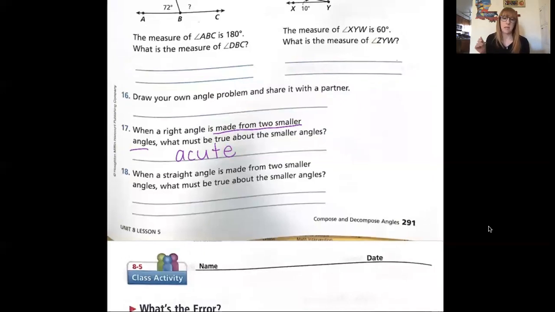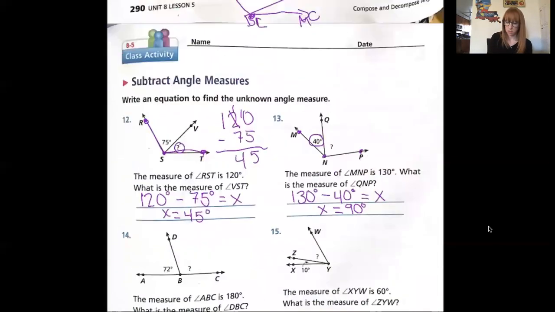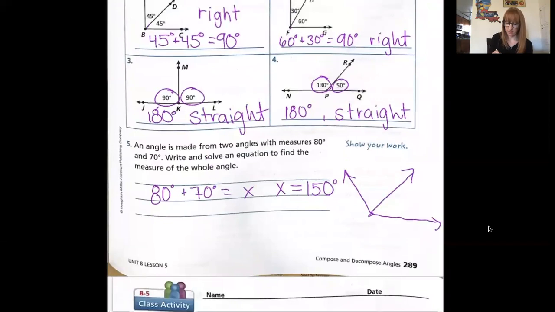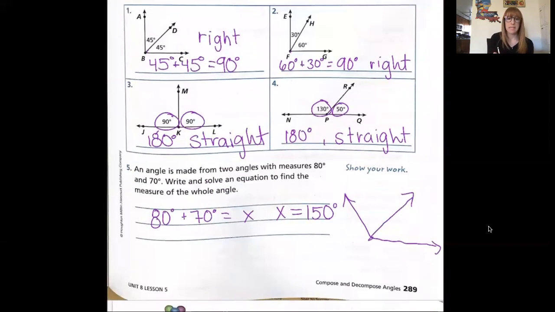Number 18, when a straight angle is made from two smaller angles, what must be true about the smaller angles? So if we look back up at 3 and 4, 3 is made of two right angles, and 4 is made of an obtuse angle and an acute angle. So a straight angle can't be made from two acute angles. It doesn't work. And a straight angle can't be made from two obtuse angles.